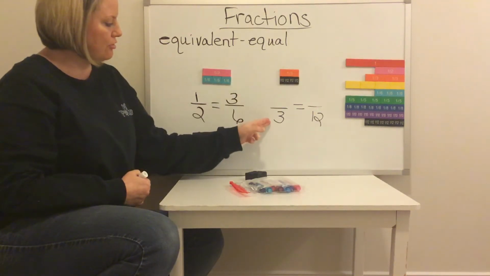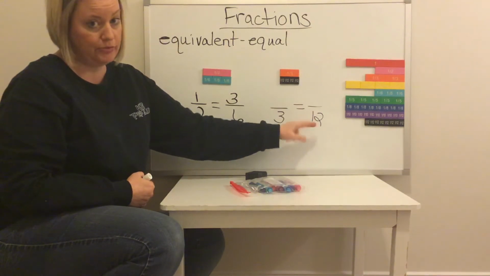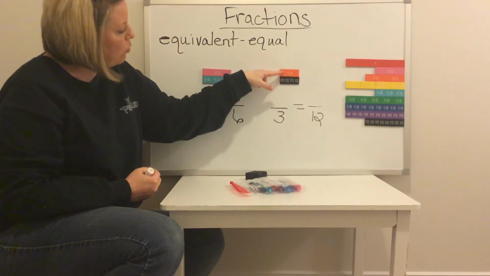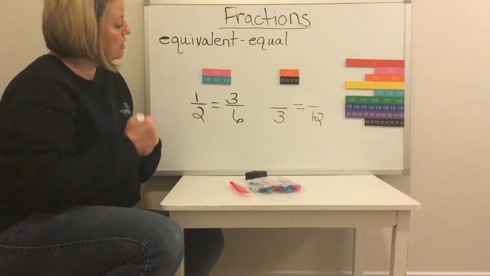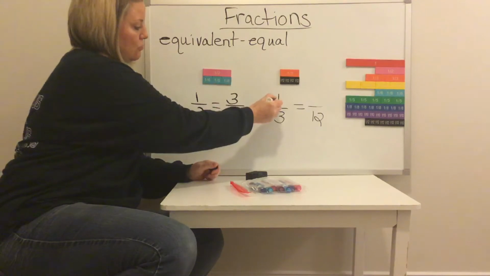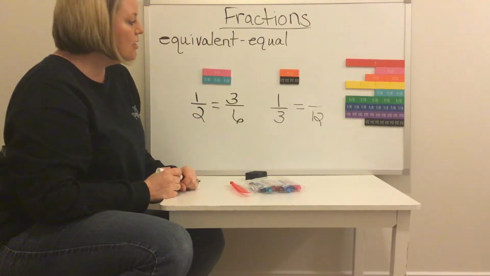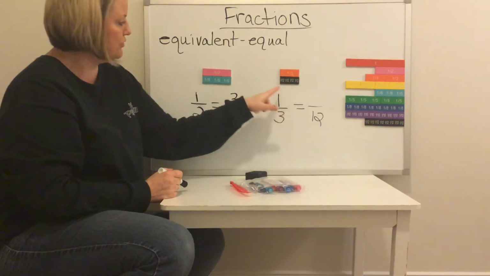How many thirds is equivalent to how many twelfths? Okay, so we see here I only have one 1/3 piece. All right, so 1 would be my numerator for the third, 1/3. 1/3 is equal to how many twelfths?